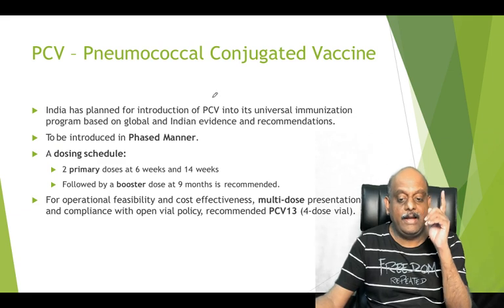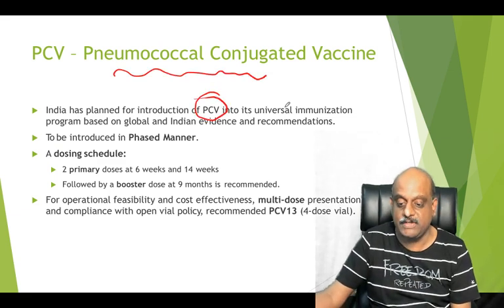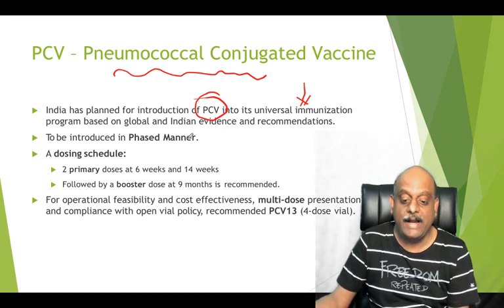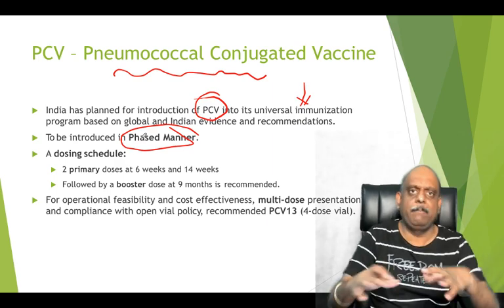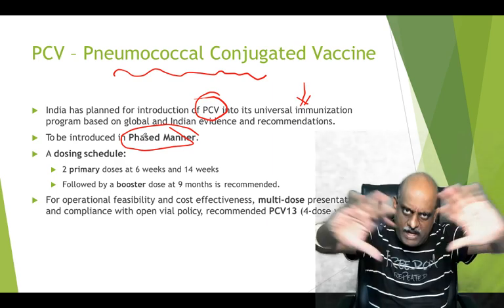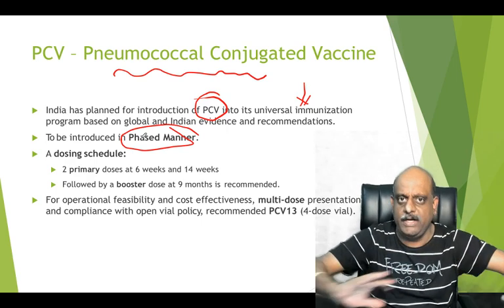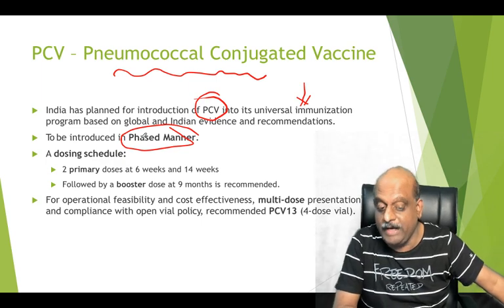Now, India has planned PCV, pneumococcal conjugate vaccine, in its universal immunization program. The idea is to introduce it in a phased manner. Once more, in preventive medicine also, the same story is repeated, reviewed, questioned in tomorrow's exam. You should counter-bomb the examiner, right?